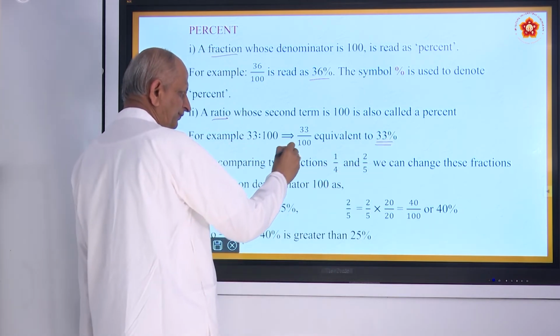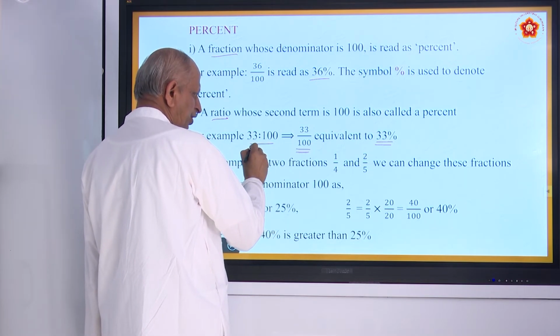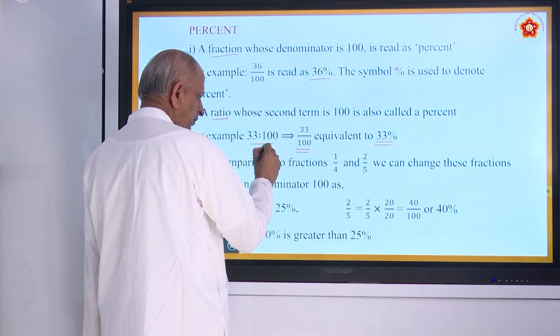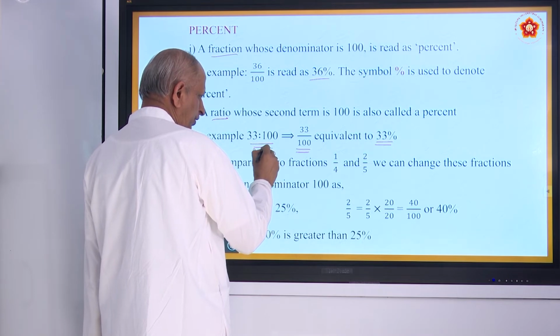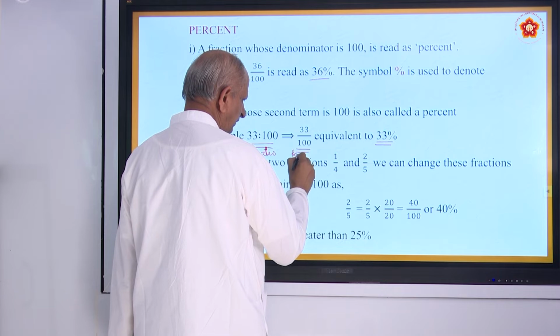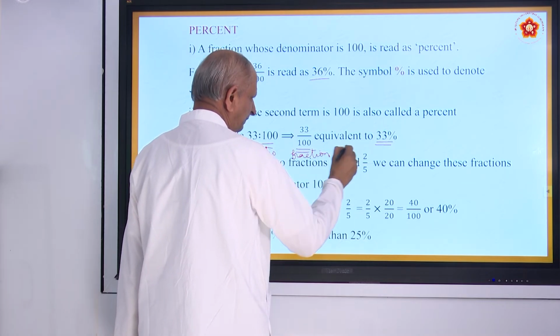So this is ratio, this is fraction, and this is percent.